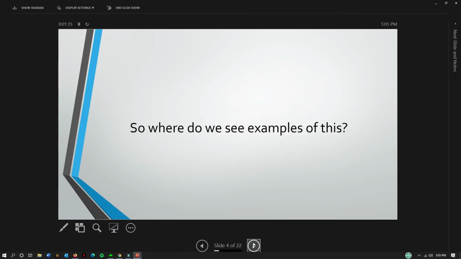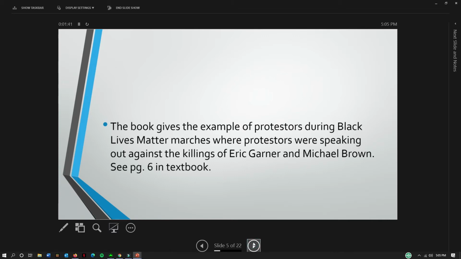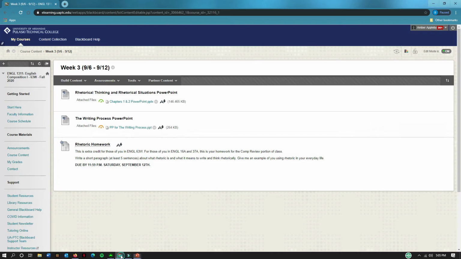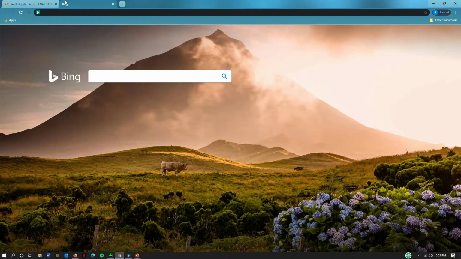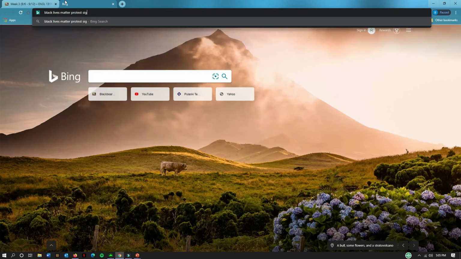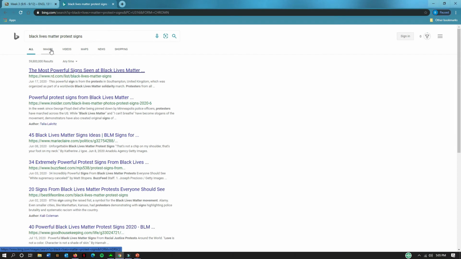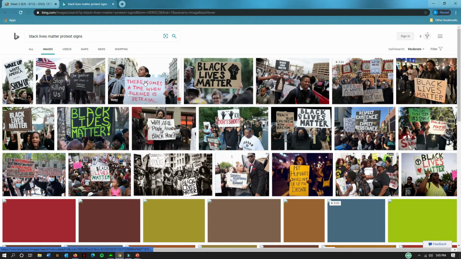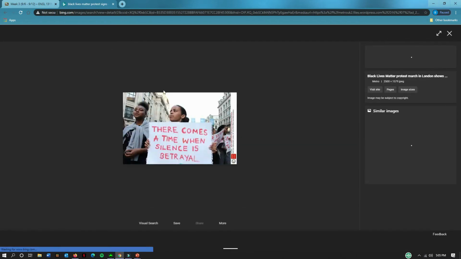So where do we see examples of using language in that way? Well, in your book, it gives the example of protesters during the Black Lives Matter marches, where protesters were speaking out against the killings of Eric Garner and Michael Brown. In the textbook, there was a woman who had, let me see if I can find it. This was it.